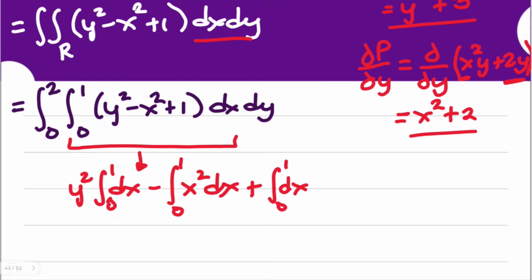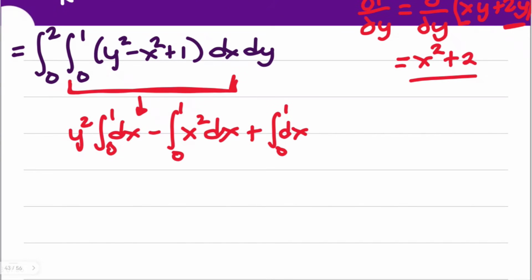The dy together with its integral sign will be treated later. After applying the linearity property, we know this to be y squared, and the integral of dx is just x itself, from 0 to 1.